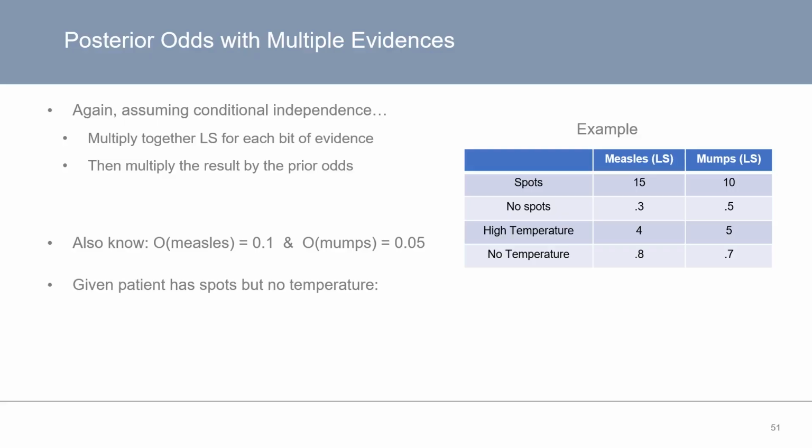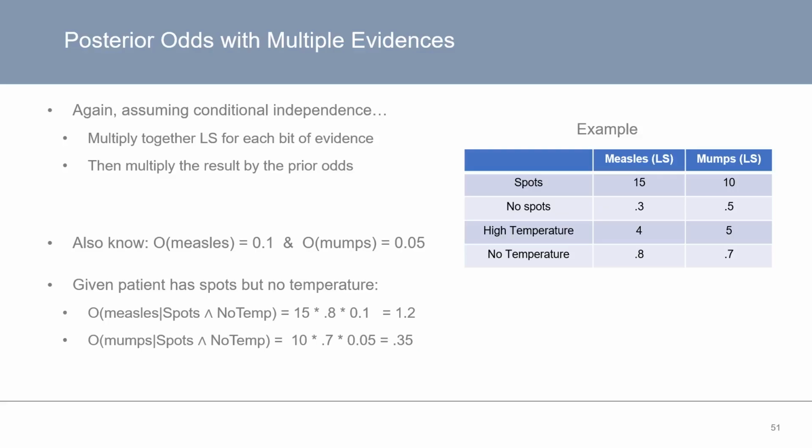So now, given that a patient has spots but no temperature, what are the odds of having either measles or mumps? Well, we can calculate this using that equation from our last slide, where we have the odds of measles given spots and no temperature being calculated as the LS of measles with spots times the LS of measles with no temperature, further multiplied by the prior odds of measles, giving us final odds of 1.2.